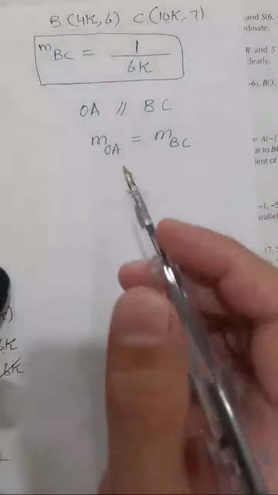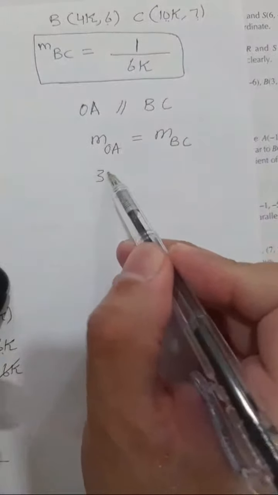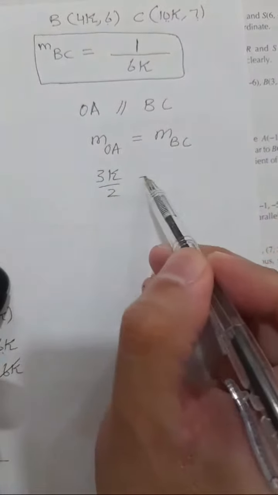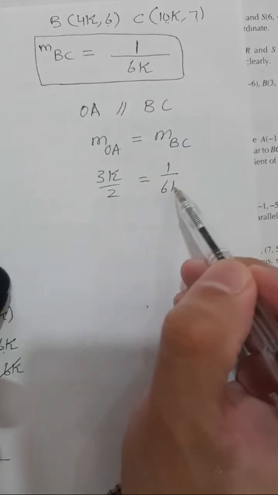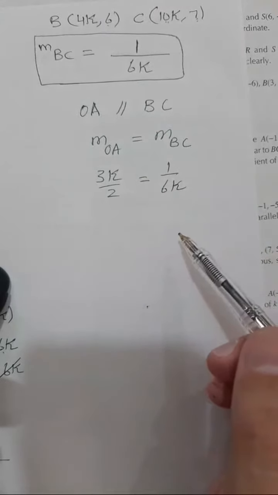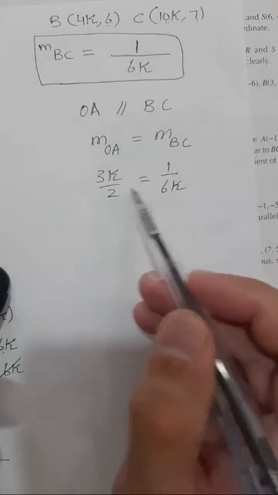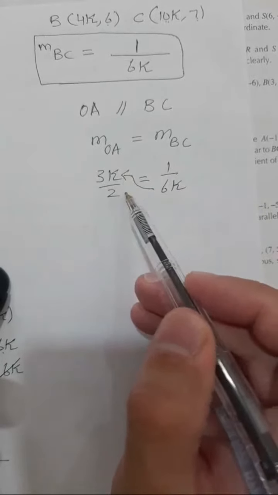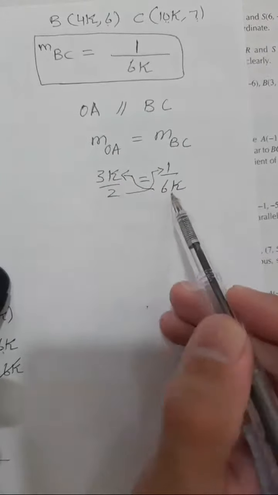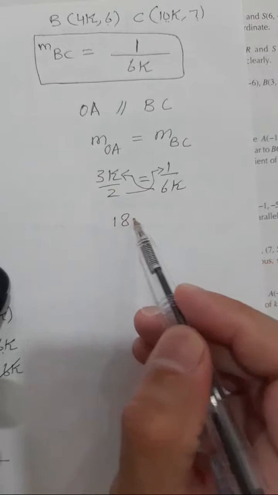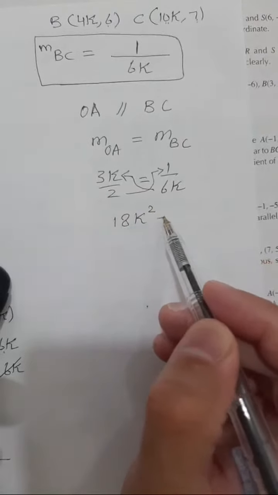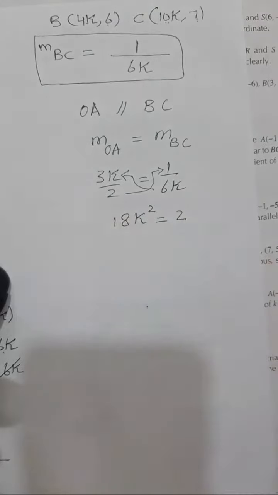So the gradient of OA as obtained previously is 3k over 2, and that must be equal to 1 over 6k, the gradient of BC. Cross multiply them. So 3k into 6k will give us 18k square, and 2 into 1 is 2.